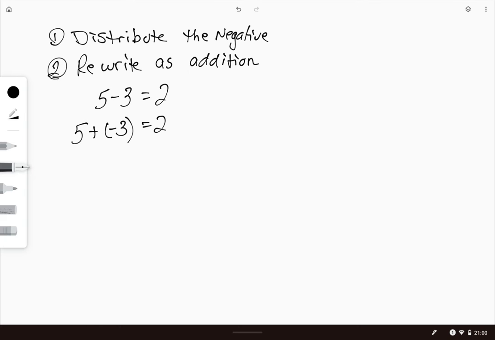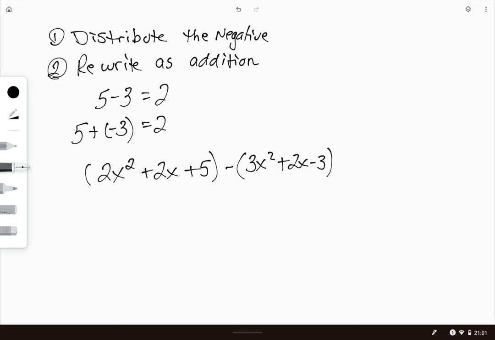So when we distribute the negative and rewrite as addition, what we would do is we begin with 2x squared plus 2x plus 5 minus 3x squared plus 2x minus 3. So again, I'm going to use the stacking method to do this. So I am rewriting as addition. So negative times 3x squared is going to give me a negative 3x squared.